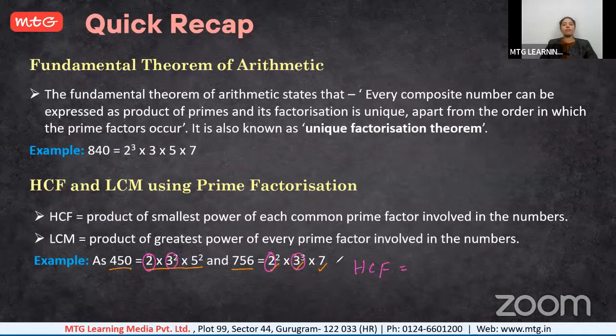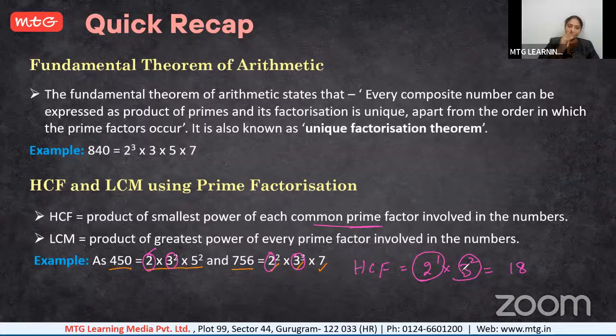So these are the common prime factors. And what are the lowest powers that I should consider? The lowest power of 2, you can see here, is 2 power 1. Whereas the lowest power of 3 is 3 square. So if you multiply it, it is 18. So the HCF of these numbers is nothing but the product of the lowest powers of the common prime factors in the prime factorization of the given numbers.